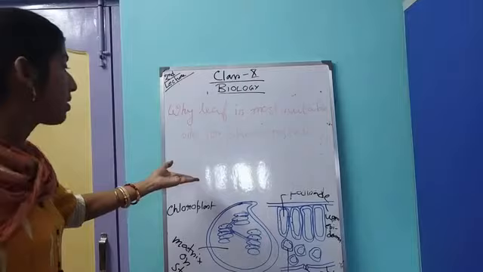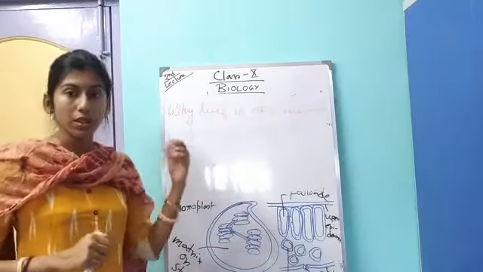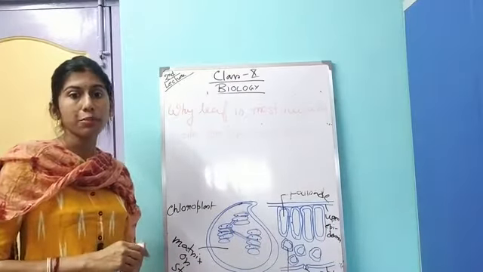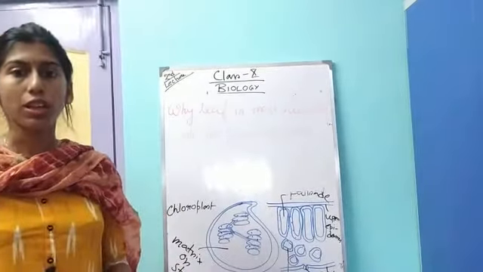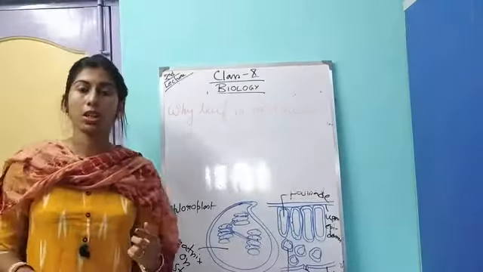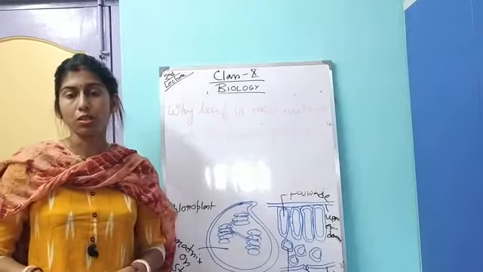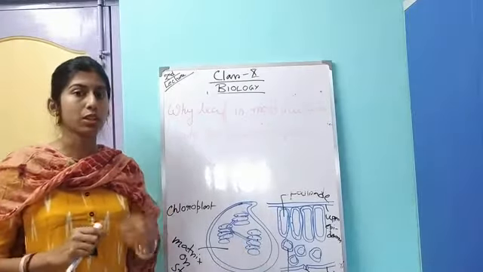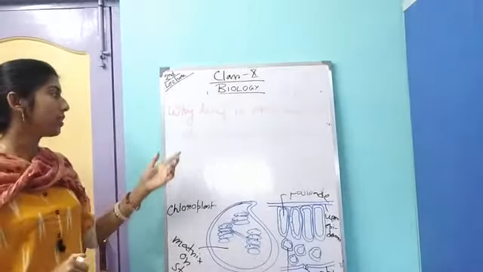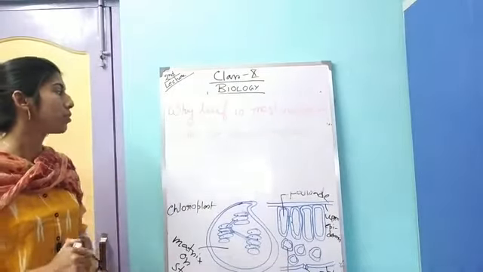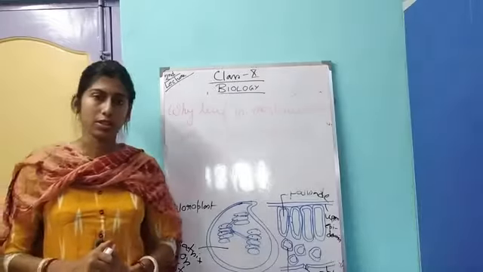So the abundant supply of vascular bundles in the leaf helps to transfer the prepared food throughout the body and helps to transfer the water, which is a basic raw material of photosynthesis, from the roots to the leaves. These four points are the main points. That's why we call the leaf the most suitable site for photosynthesis.